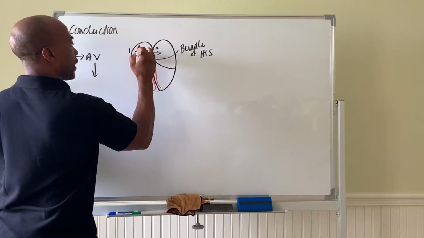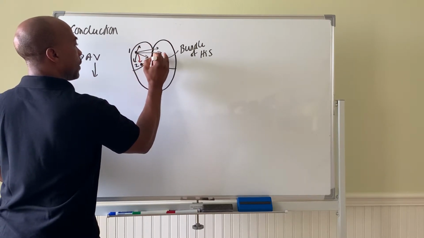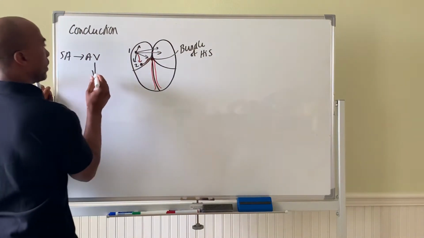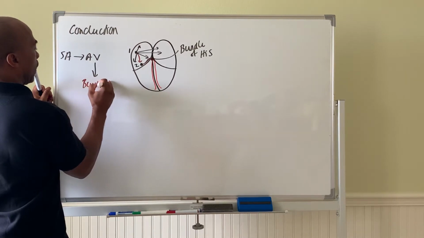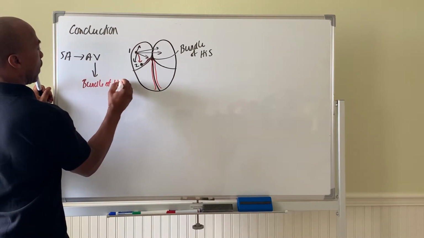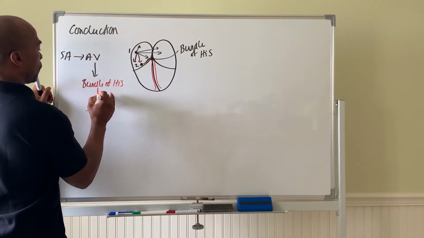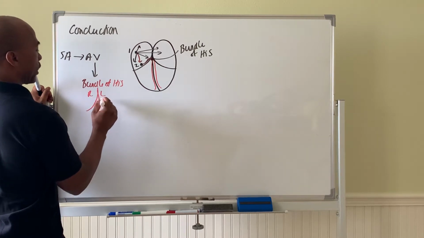All right, so again, spread in here, then to here. Then to your number three, so this is bundle of His. Then from there, it goes to your right and left bundle branches.